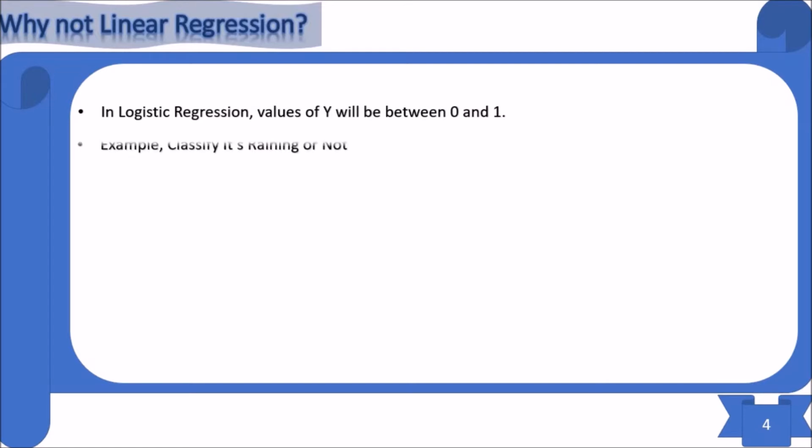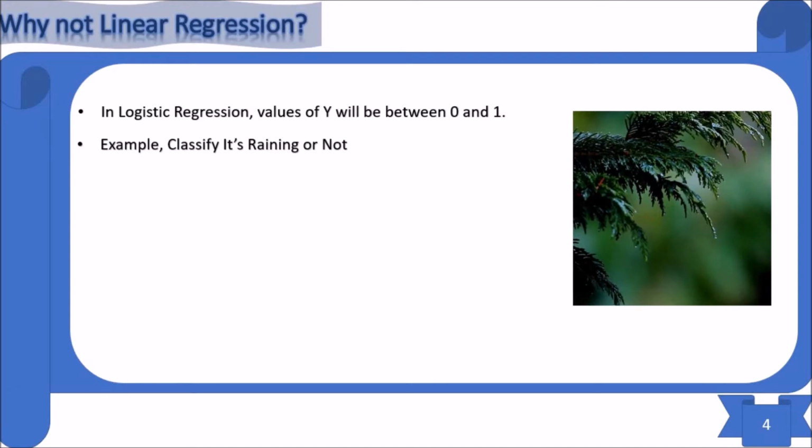In case of logistic regression, you get only two values for y, either 0 or 1. It does not entertain values below 0 or values above 1. So the main rule of logistic regression is that the value of y should be between 0 and 1.